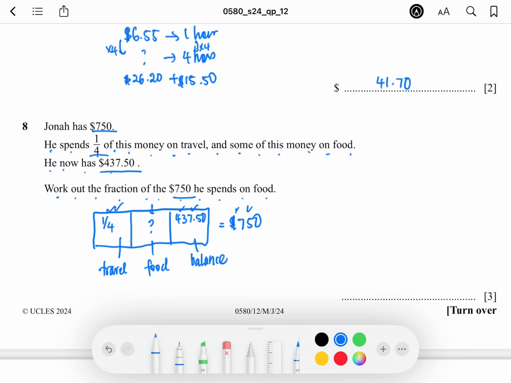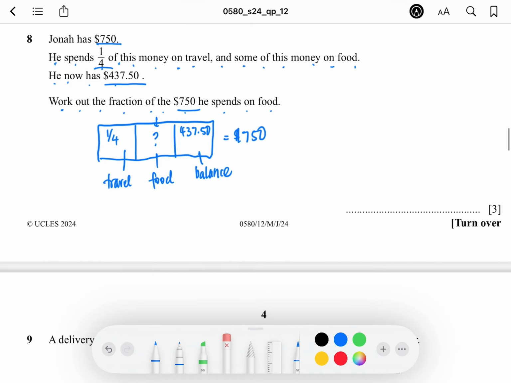So artinya what should you do? Change to decimal? No. You need to calculate 1/4 tu berapa? Ringgit. And how do you calculate 1/4 tu dengan berapa ringgit? Correct. So 1/4 of times this money.